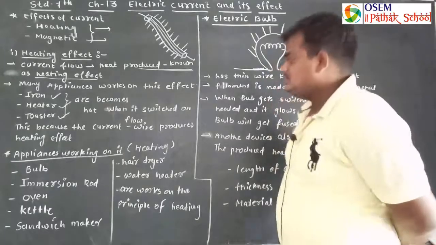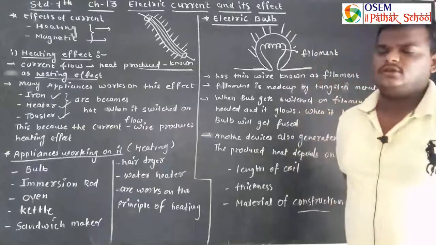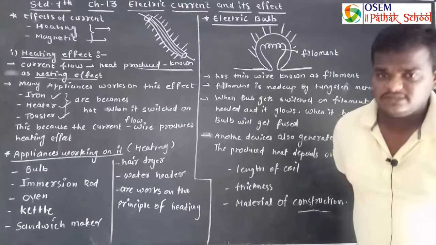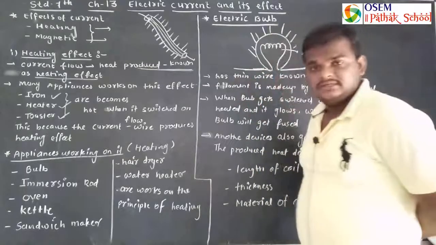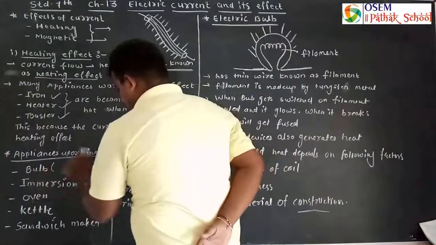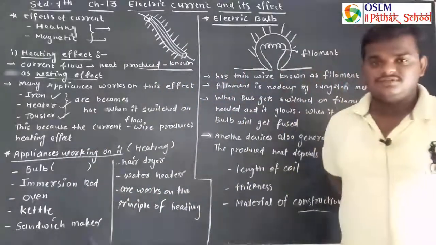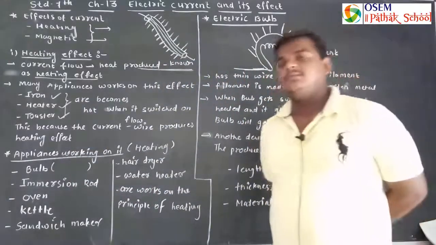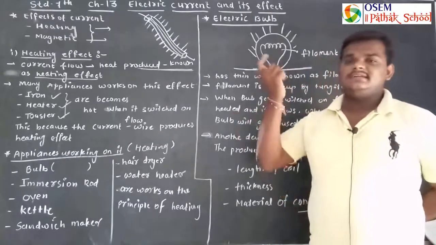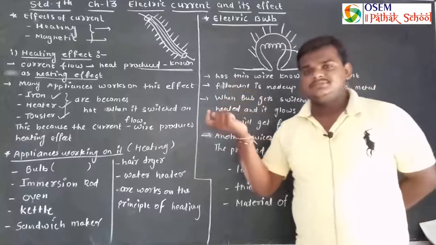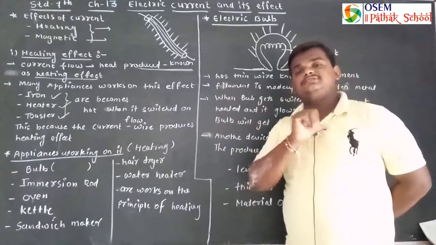Now we are going to learn about the appliances working on it. There are lots of appliances working on the heating effect. For example, first one is the electric bulb. We all observe that electric bulb. The 10 rupees bulb, and second, the LED bulbs, etc. In all the cases, the heating effect works.